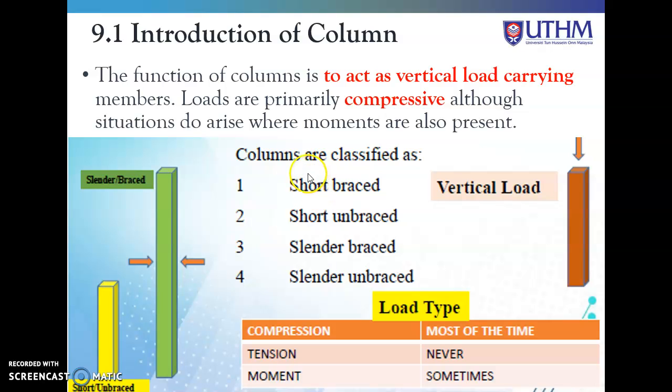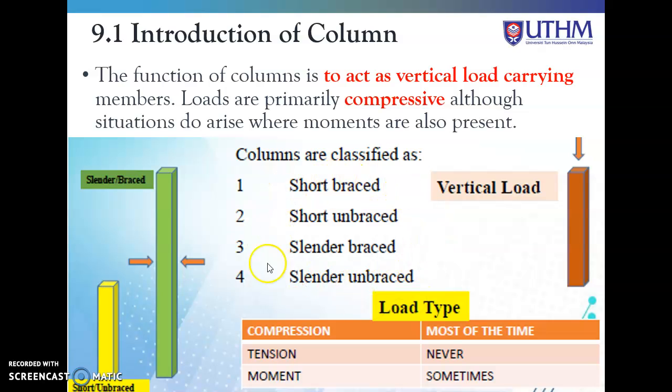Okay, for the introduction, apa itu column sebenarnya? Column itu sebenarnya adalah tiang. And the function of column is to act as the vertical load carrying member. Loads are primarily compressive, although situations do arise where moments are also present. Columns are classified as 4 types: short braced, short unbraced, slender braced, slender unbraced.